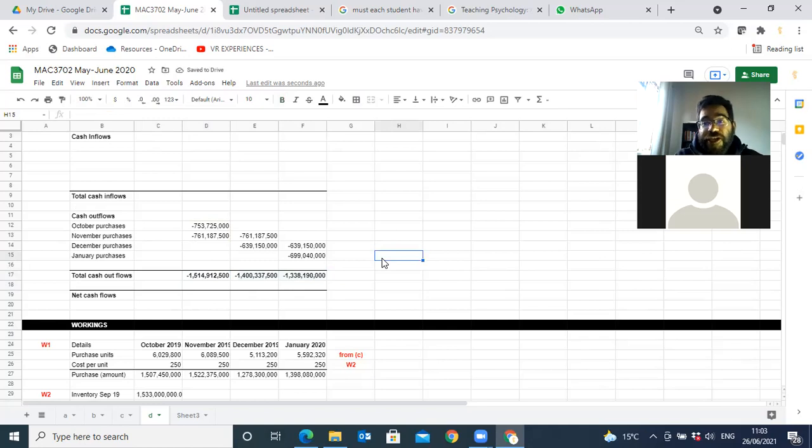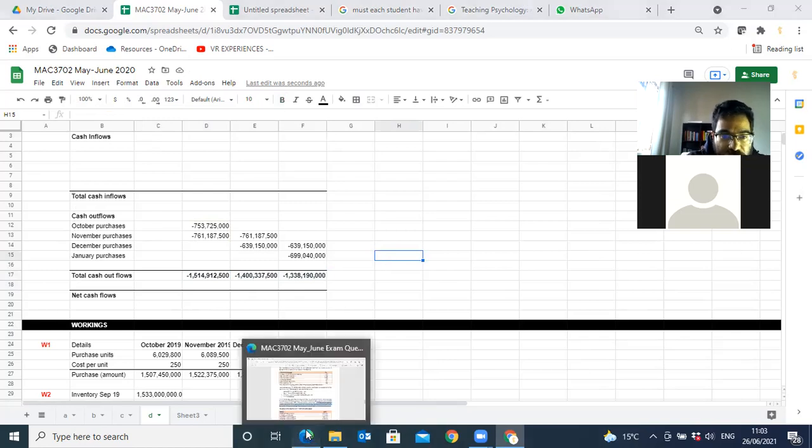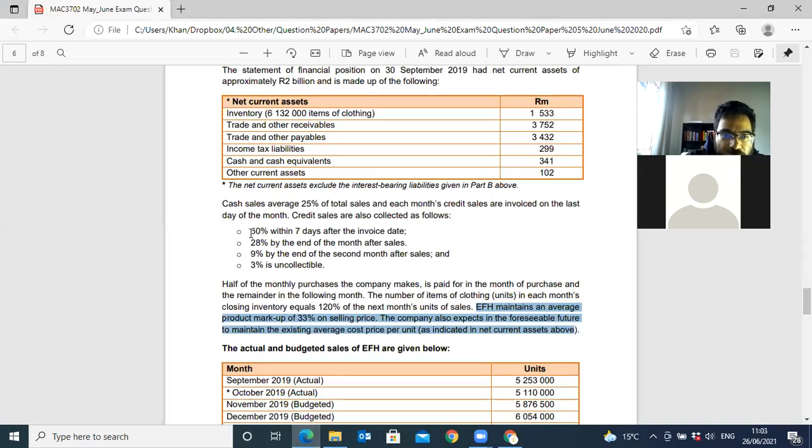Now we're going to do cash inflows. For cash inflows, there are 3 periods: in the month, and the month after.